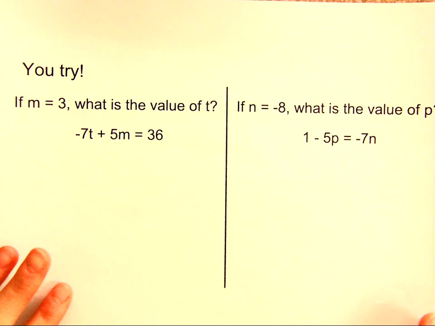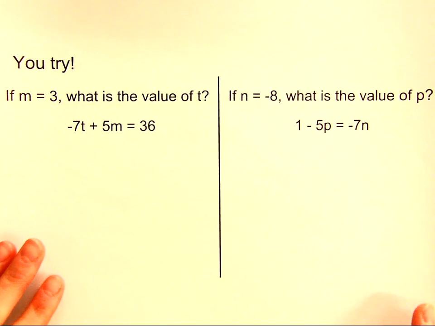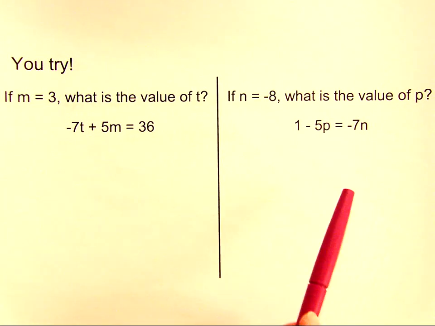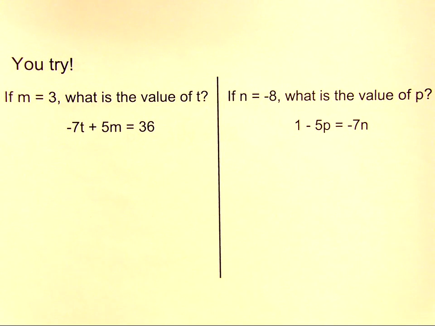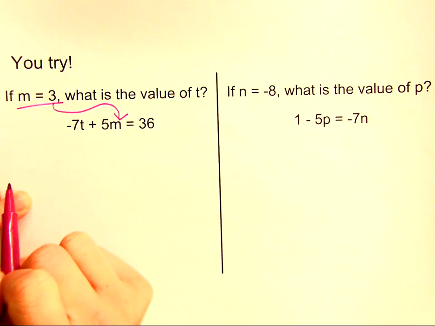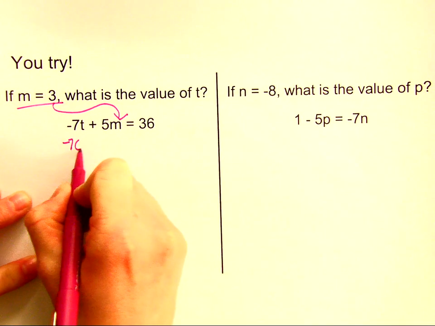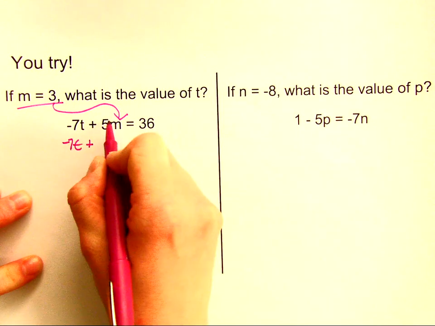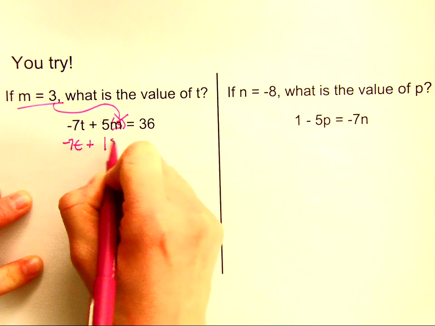Let's try 2 more. So pause the video again and solve for t and solve for p. So in this one I give you m, so you're going to put 3 in for m. So 5 times 3 gives me 15.